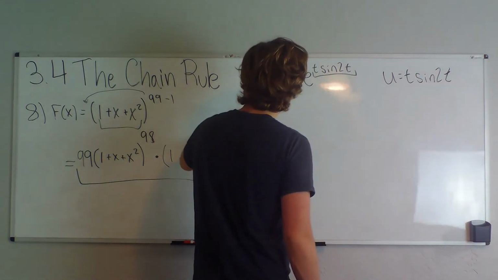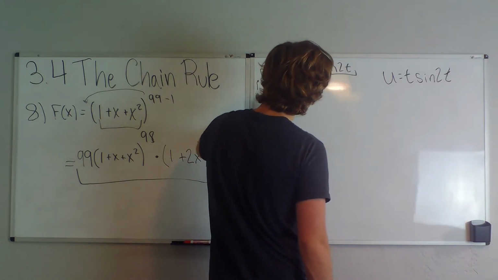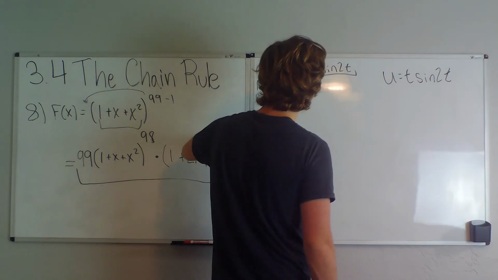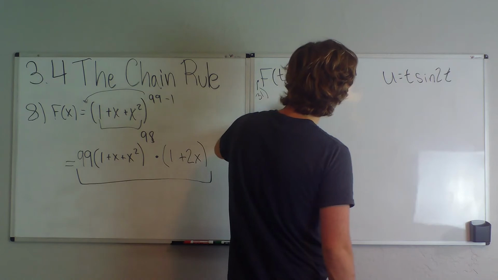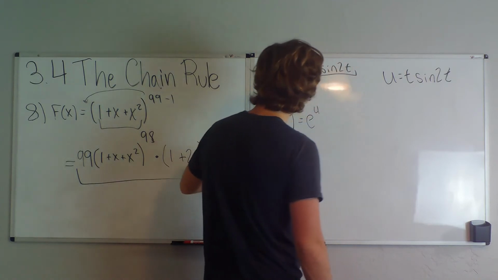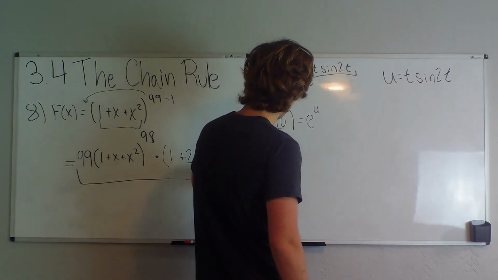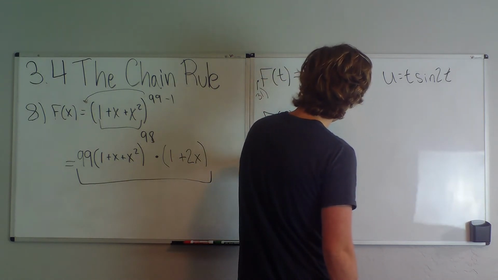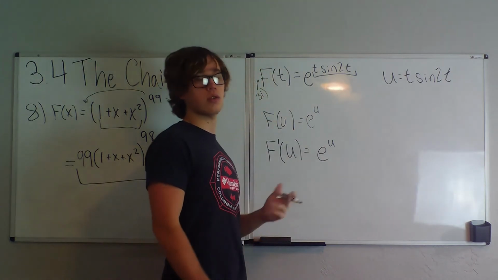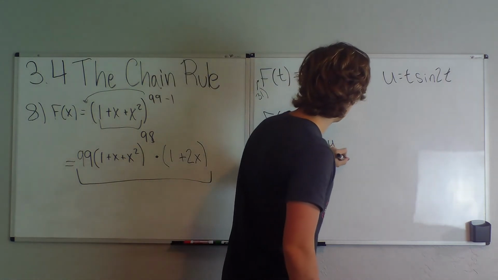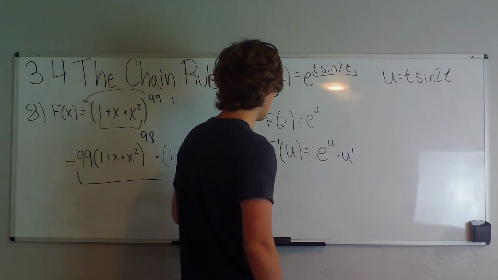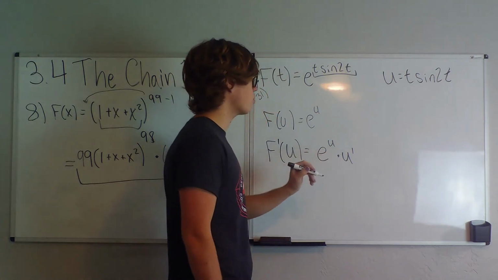We know that if f of u is equal to e to the u, f prime of u is equal to e to the u, because it's just the exponential e function, times u prime. Well, then that's not too bad. Then we're almost done. But we need to find u prime.